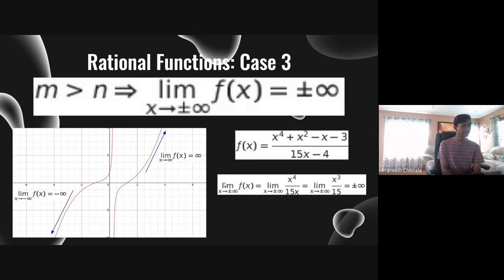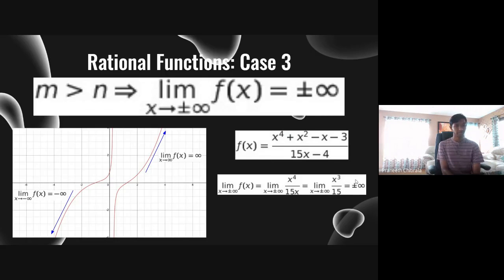So taking the limit as x approaches plus or minus infinity of f of x, you get x to the 4th over 15x, and you simplify that. And now you have the limit as x approaches plus or minus infinity of x cubed over 15.